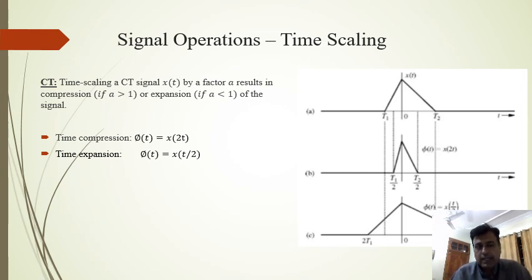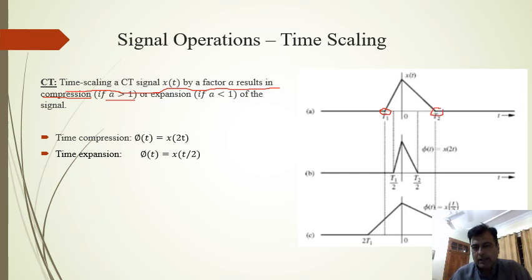Definition: time scaling a continuous time signal x of t by a factor a results in compression if a is greater than 1. So if a is greater than 1, then the signal will be compressed. For example, this original signal x of t exists from capital T1 to capital T2.